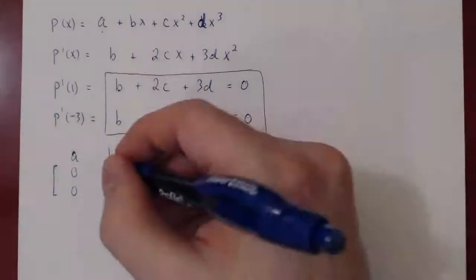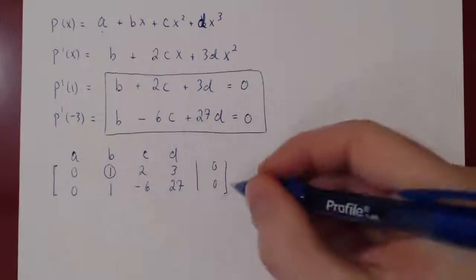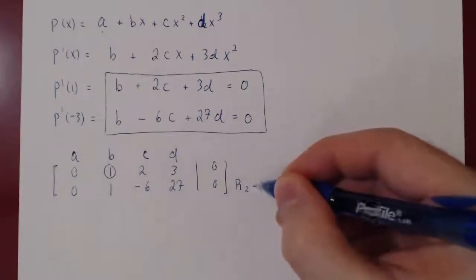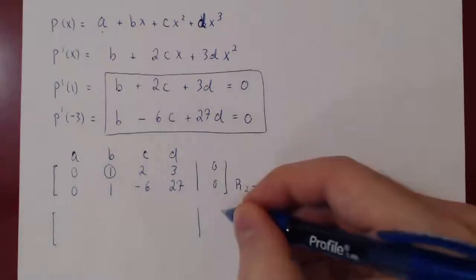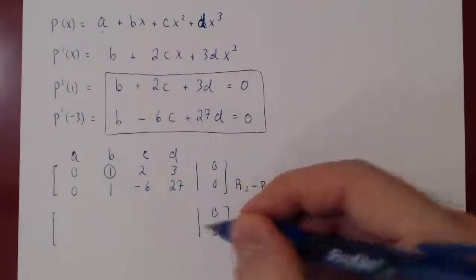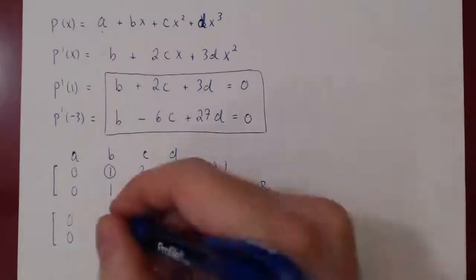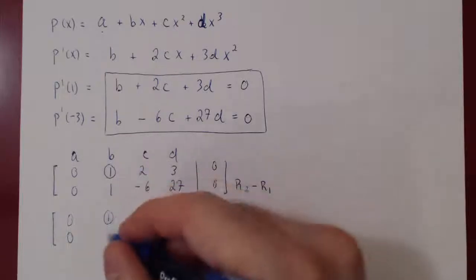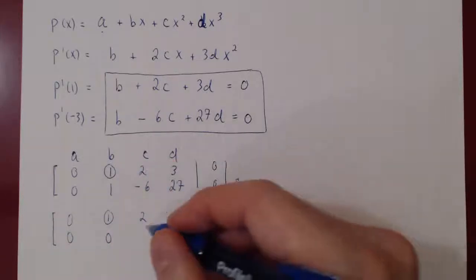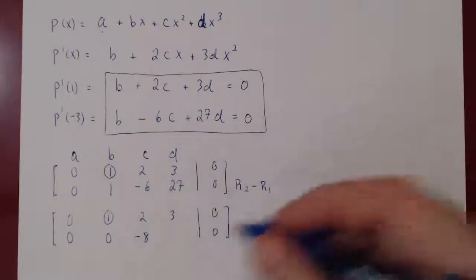Well, we already have a leading 1. Let's do row 2 minus row 1 to kill the entry below. Zeros will always remain zeros. We are only changing row 2, so you can recopy row 1. 1 minus 1 is 0. Negative 6 minus 2 is negative 8. 27 minus 3 is 24.